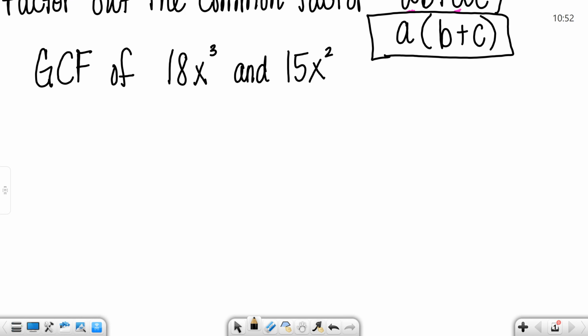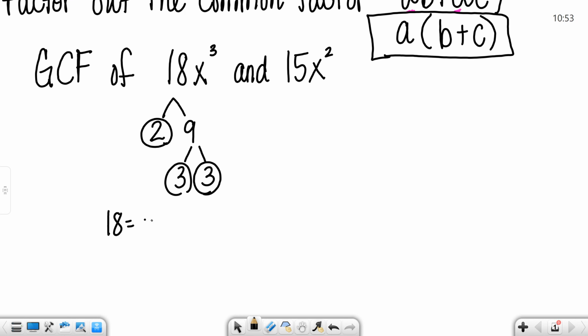What I like to do, and you don't necessarily have to write it like this, is think of all of the factors. If I took 18 and factored it out, I know that 2 times 9 is 18, and then there's nothing else that goes into 2. 9 is 3 times 3, and then nothing else goes into 3.